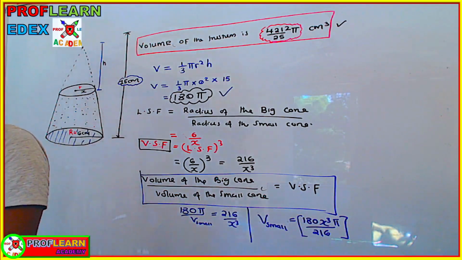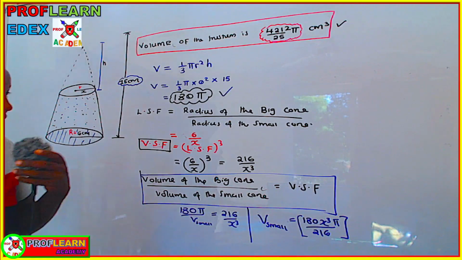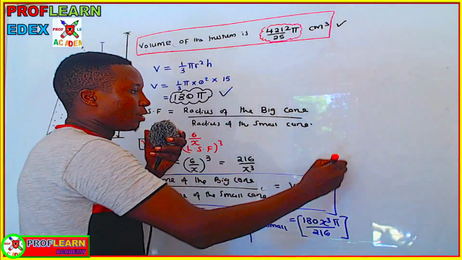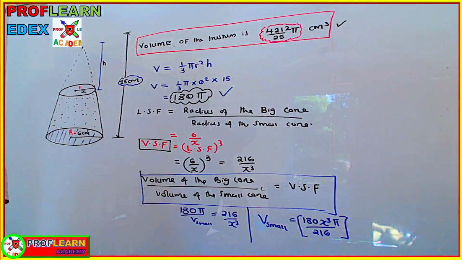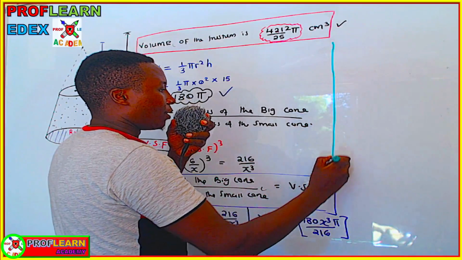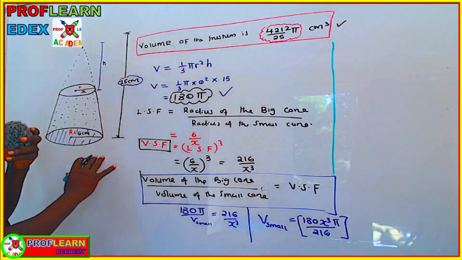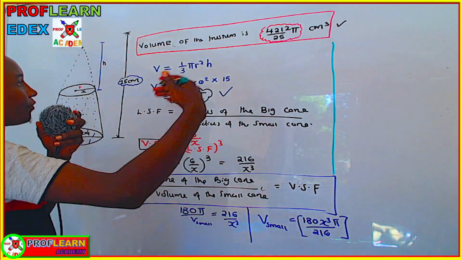So once we have gotten here, the next thing that we are going to do is this. The way we get the volume of the frustum is the volume of the bigger cone, as I mentioned, minus the volume of the small cone.